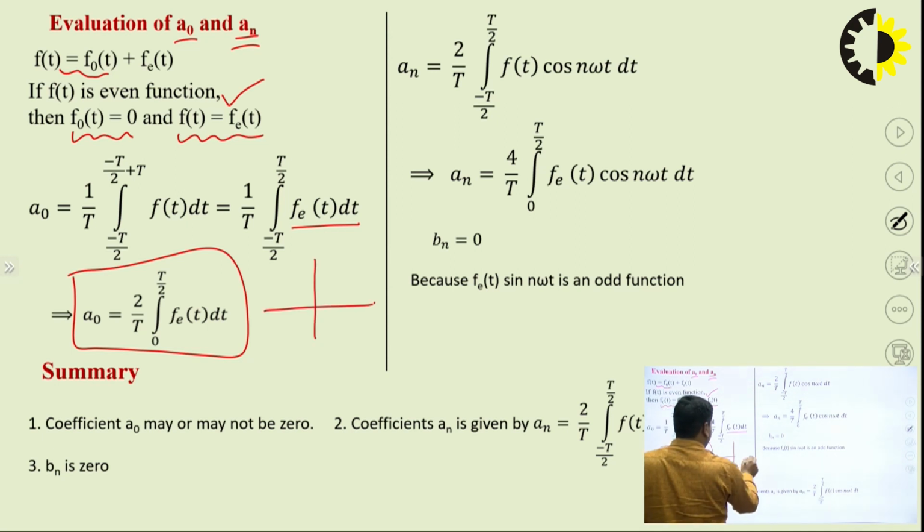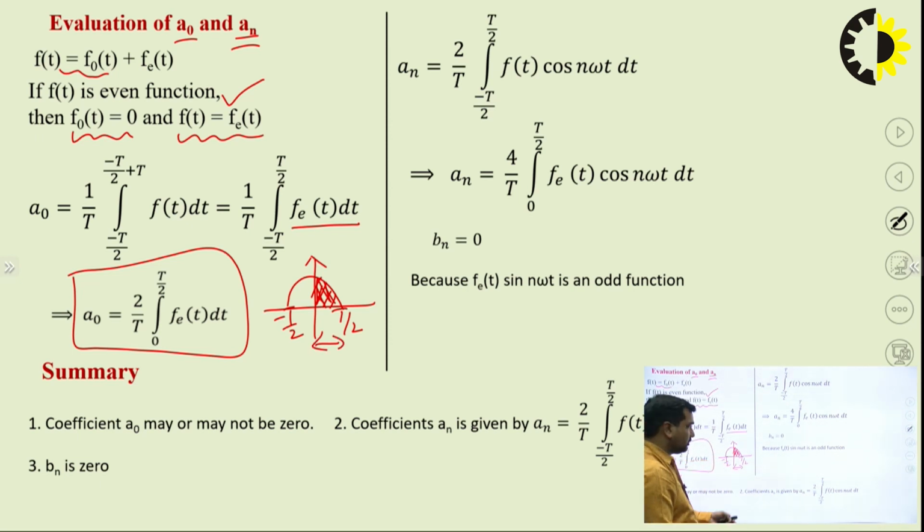We can calculate the area of this waveform over 0 to T by 2, and the total is 2 times this. That's why a0 becomes 2 by T times the integral from 0 to T by 2 of f_e(t) dt, because of the symmetry. Now a0 has become this. And what about an?